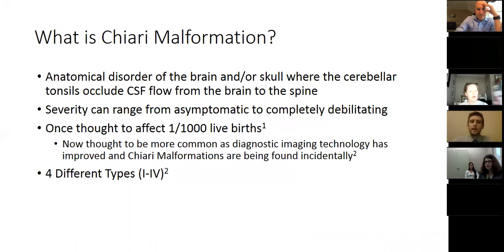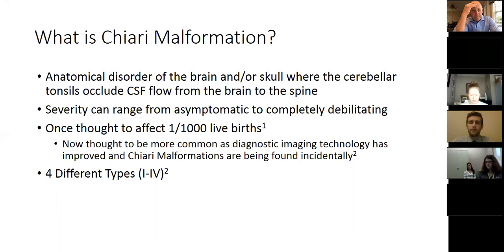The severity of this disease state can range anywhere from totally asymptomatic, caught by chance on a scan, to completely debilitating for patients who have almost all of their CSF flow blocked by the occlusion from these tonsils. It was once thought to affect about 1 in 1,000 live births, but as diagnostic imaging technology gets better, sometimes they're finding these incidentally when patients come in with headaches or other issues.